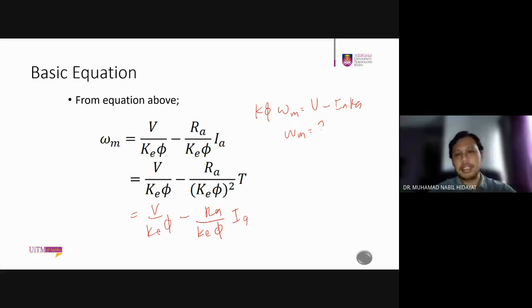IA and T are interchangeable, depending on the value that is available. For T, the constant must be to the power of 2, while for IA you divide by KE flux, the constant.